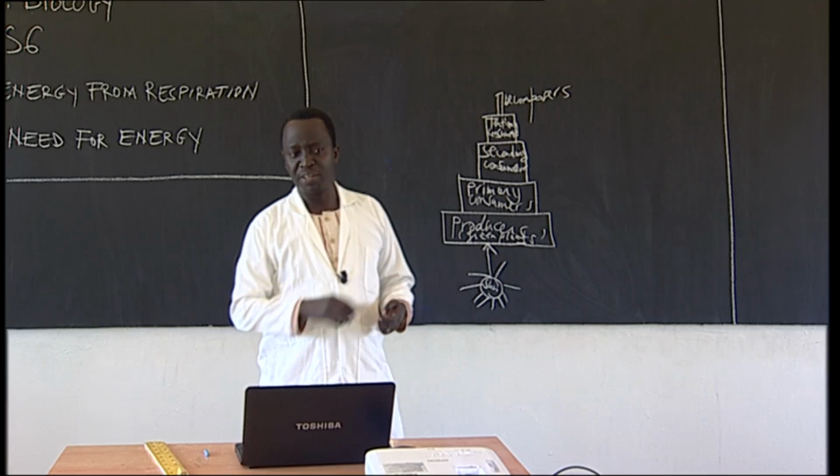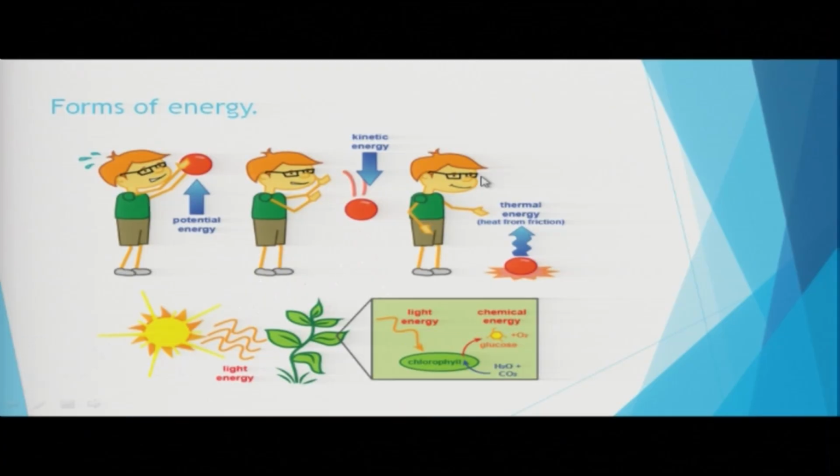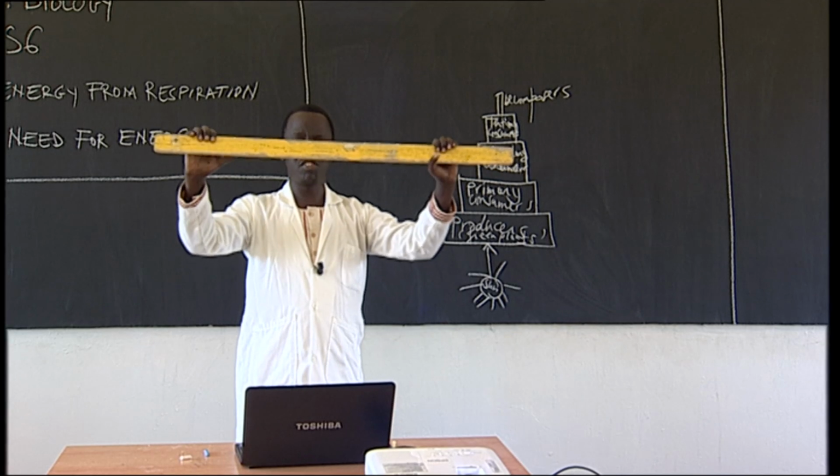You can see on the diagram. Look here on the screen. You see here we have this organism, a human being, taking something in the hand, like a ball. I can show, if I take this ruler in my hands, it requires me to be in this position.